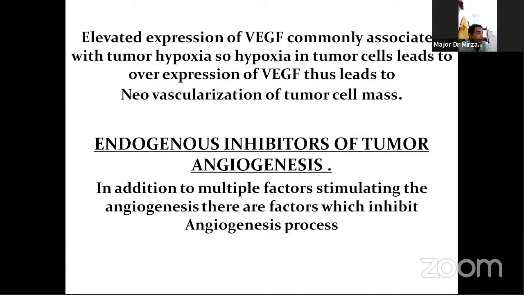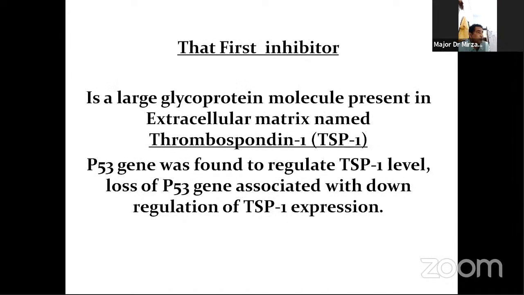These happen subsequently. Now I have told you much about the factors which promote angiogenesis. But as a form of autoregulation in the body, there are also endogenous inhibitors of tumor angiogenesis, in addition to multiple anti-angiogenesis factors. The first inhibitor is a large glycoprotein molecule present in the extracellular matrix named thrombospondin 1, which is regulated by the p53 gene.